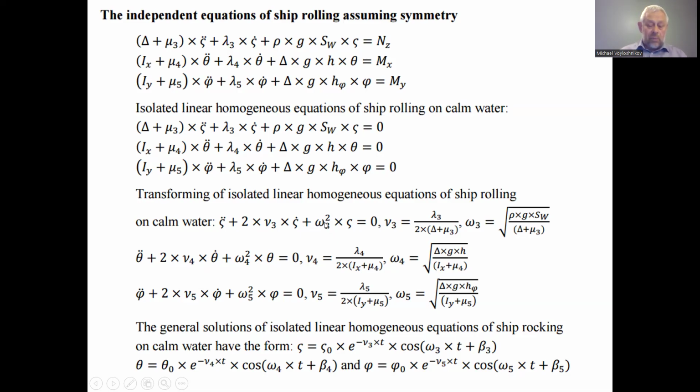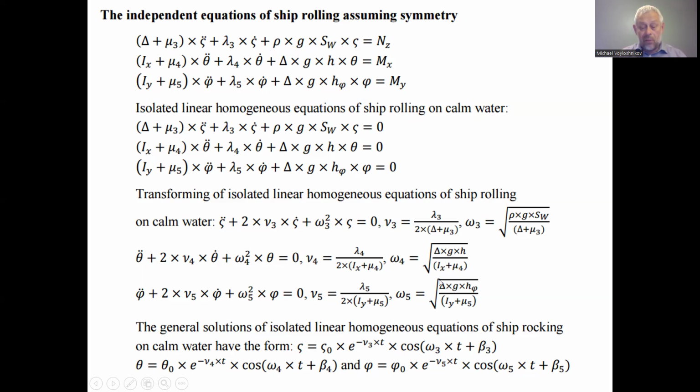And omega 3 squared, omega 4 squared, omega 5 squared are the natural velocities of ship vertical rocking, ship rolling, and ship pitching. So we can find all this as derivatives.